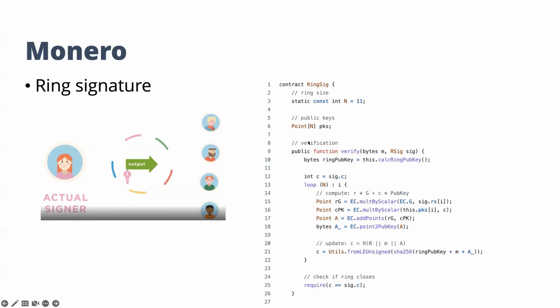You don't have to use Monero even in this sense. You can actually run Monero on top of Bitcoin. Let's say you issue a token called Monero token, and you combine it with this contract. Anytime you're checking whether somebody is authorized to transfer some Monero tokens, you check the ring signature instead of the normal ECDSA signature.